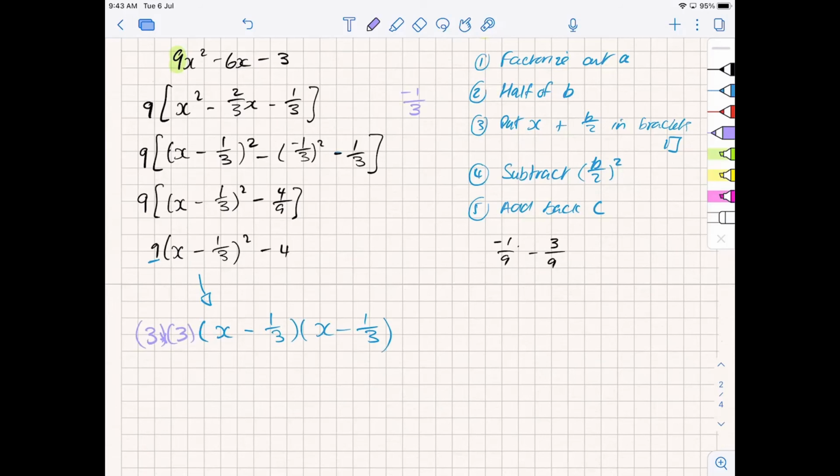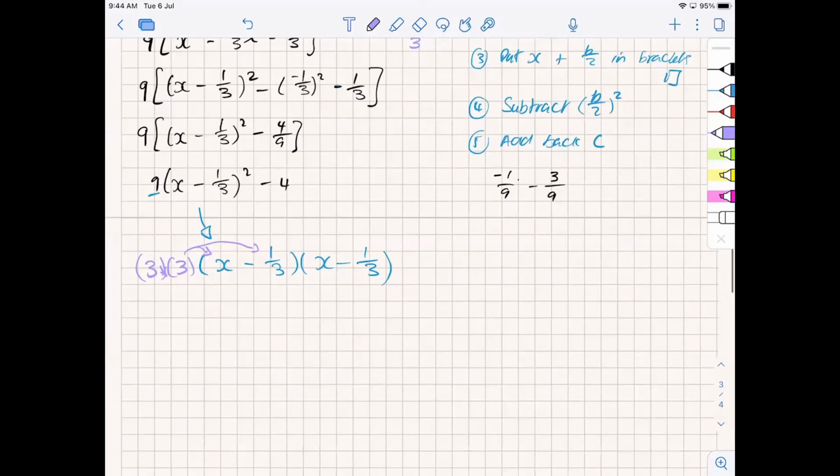Does it just get given to the first term? No, you have to multiply both terms. You've got to give it to both, because when you factorize, you pull out the same factor from all the terms in the bracket. So if you want to put a factor back, you just need to multiply the factor into everything inside the bracket. And now each one of these brackets, because it was a perfect square, is going to get its own 3.